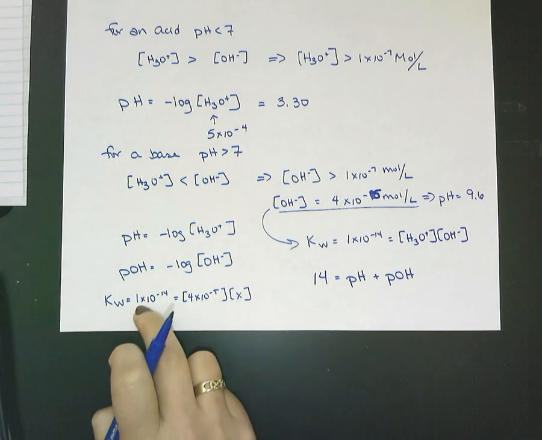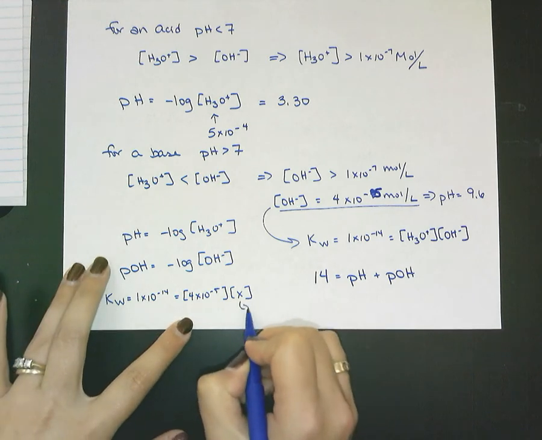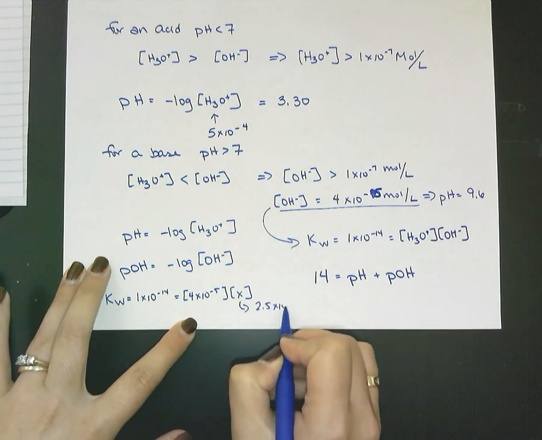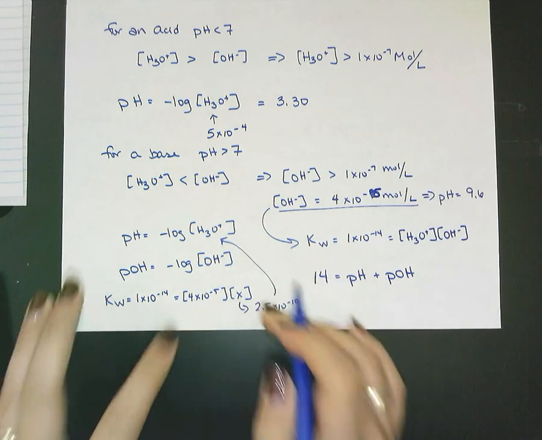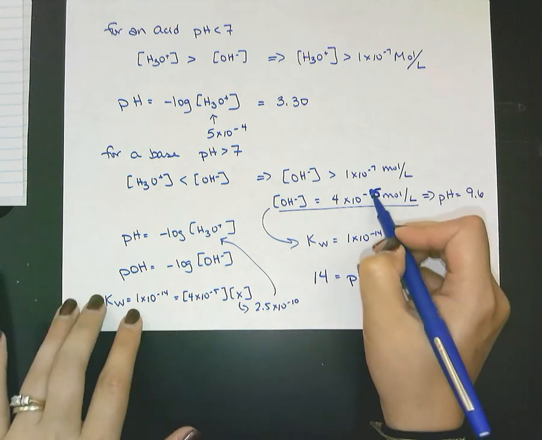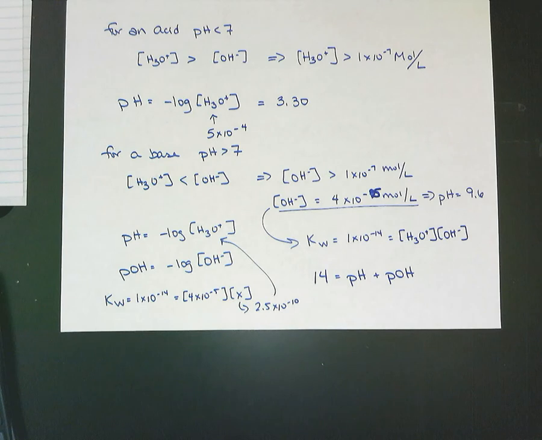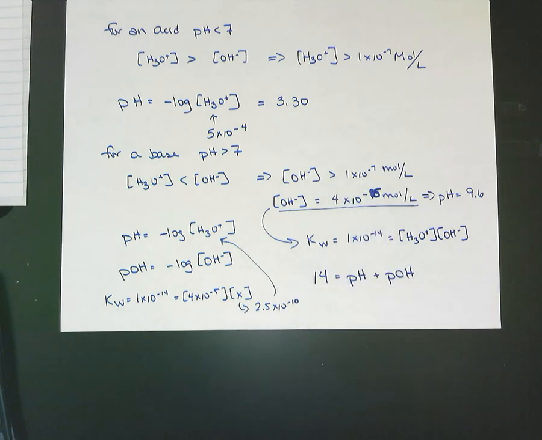So I do that divided by that. So x equals 2.5 times 10 to the negative 10th. So how did you get the 4 times 10 to the negative 10th number? I just made it up off the top of my head. I just came up with a concentration of OH that was greater than that one. Kind of freewheeling today.